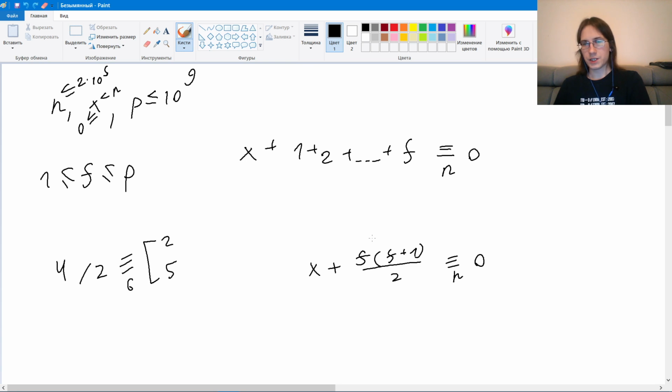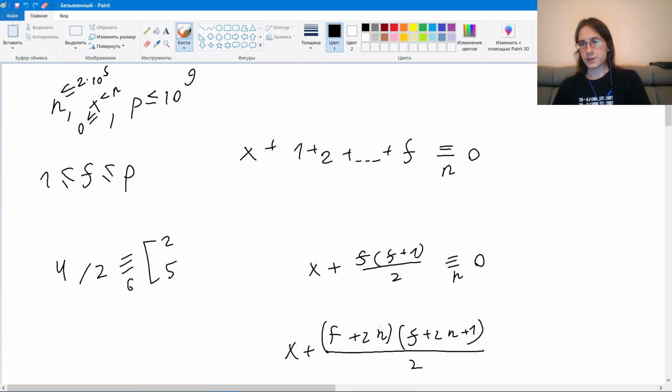But let's check if it's enough to know the remainder of this modulo 2n. Let's just try to change f by 2n and see what changes. If you open the brackets, the new terms that you'll get is 2n times this plus 2n times this plus 2n squared. So every new term in the numerator has a factor of 2n times some integer.